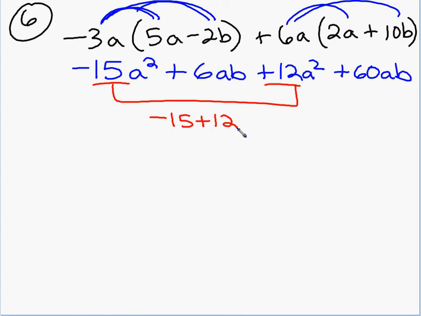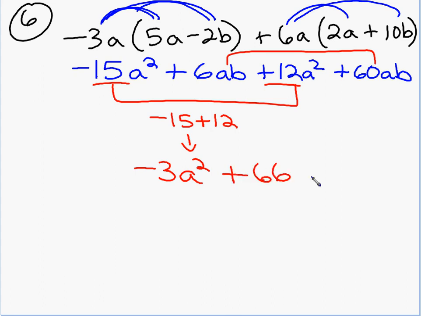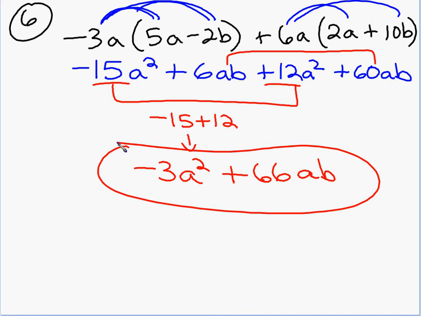So when I combine those two terms, it becomes negative 3a squared. And then I have two other terms to combine. They're a little bit easier because it's just positive 6 and positive 60. So that is plus 66ab. And that's your final answer. And we'll stop there for today.